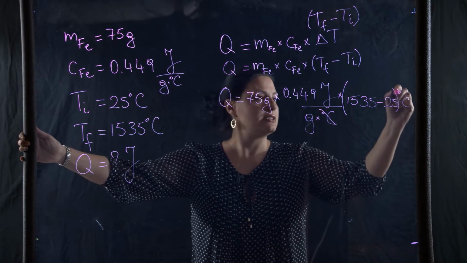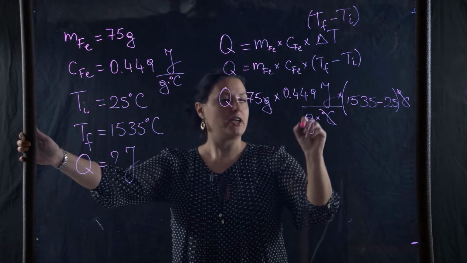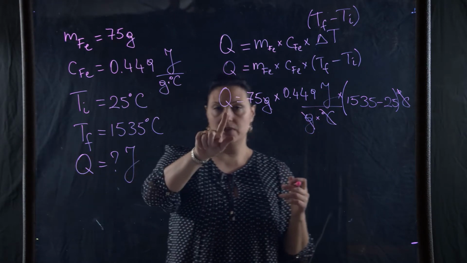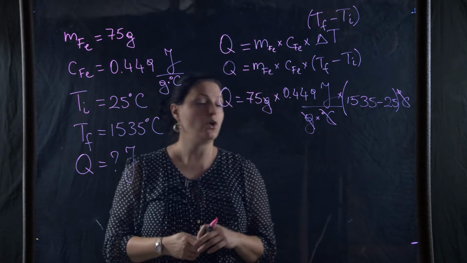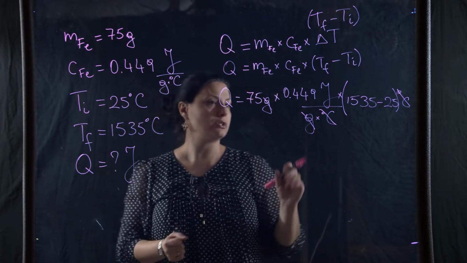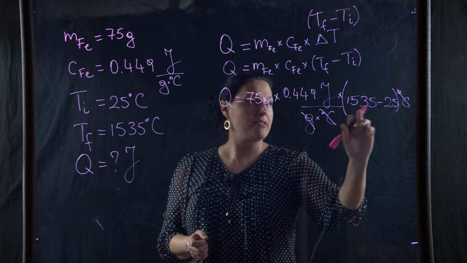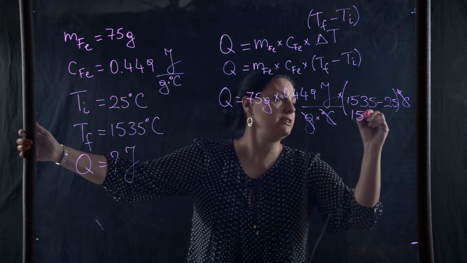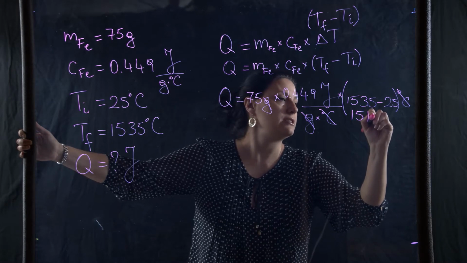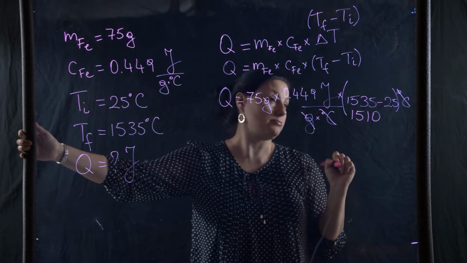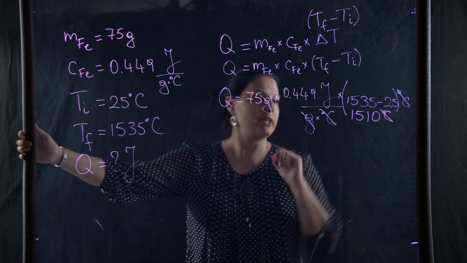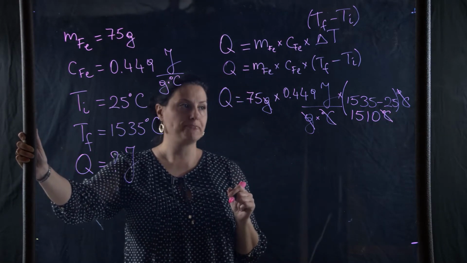My degrees Celsius will cancel, my grams will cancel, leaving me with joules, which is the unit I want. Heat is measured, or energy as well, is measured in joules. Now, if I do this math over here, this will be 1510 degrees Celsius, and that will cancel out.